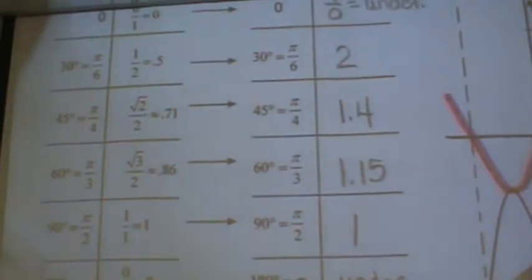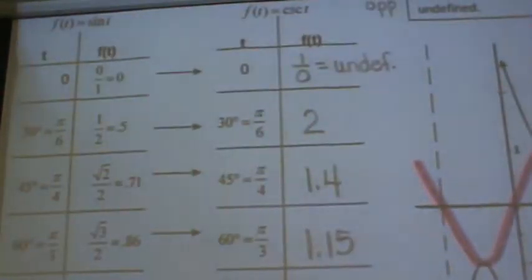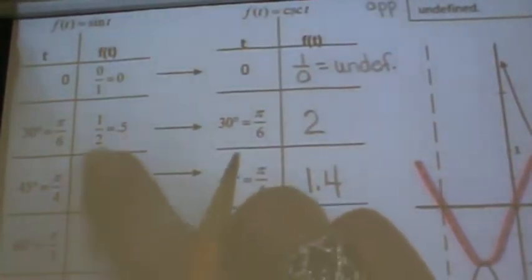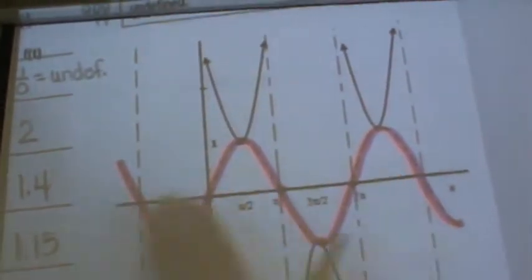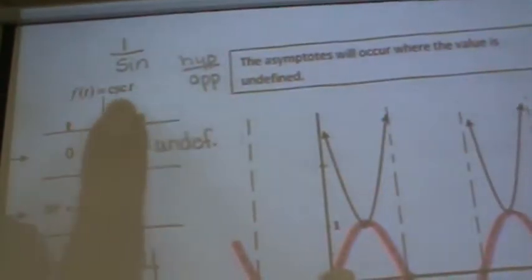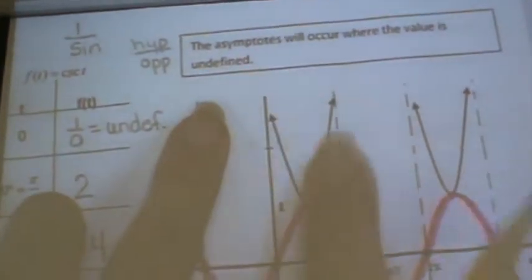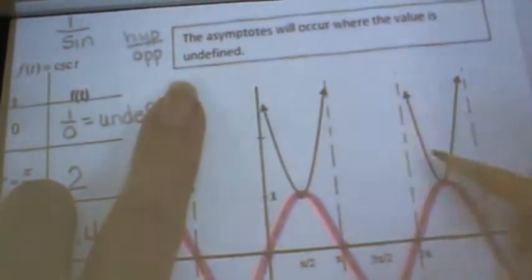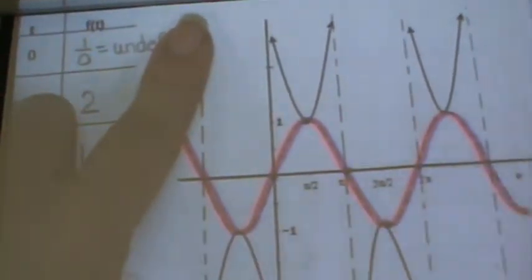That's where all these numbers come from. These are the fractions of the sine curve, and these are of cosecant because you were flipping your numerator and your denominator, and this is what results. In pink is the sine curve. The cosecant curve is this stuff, all of these.